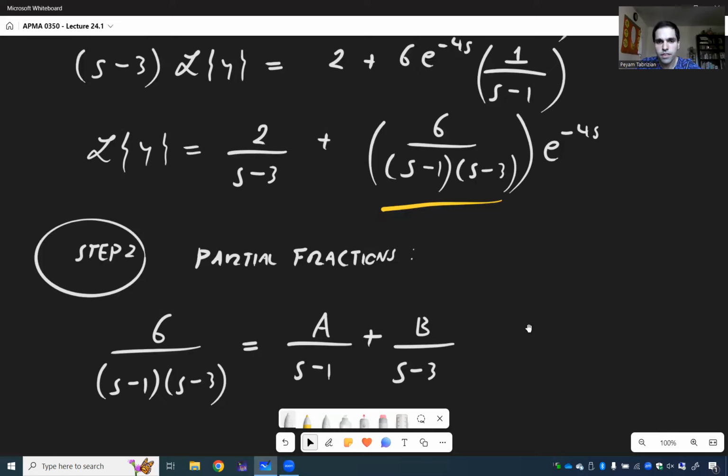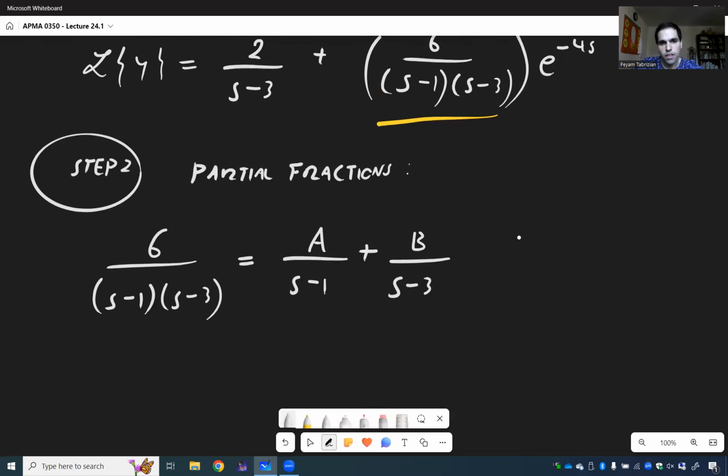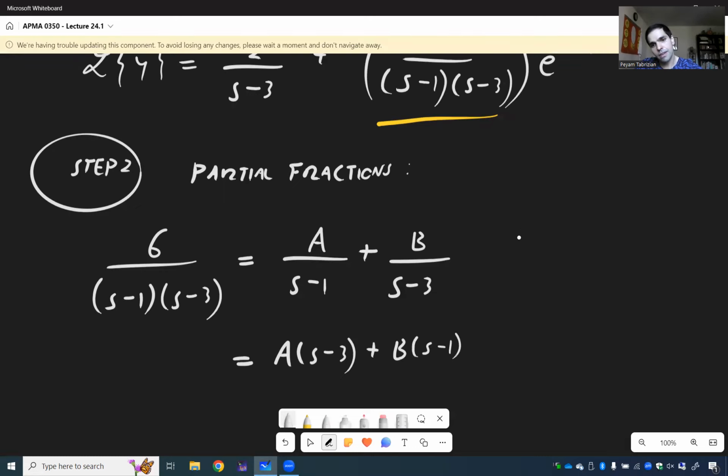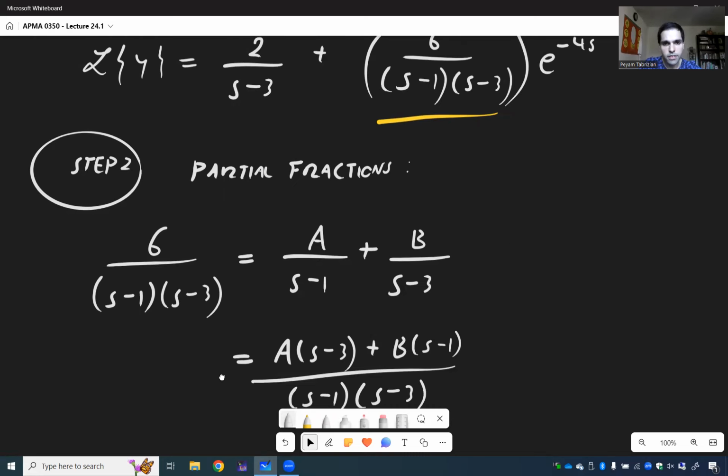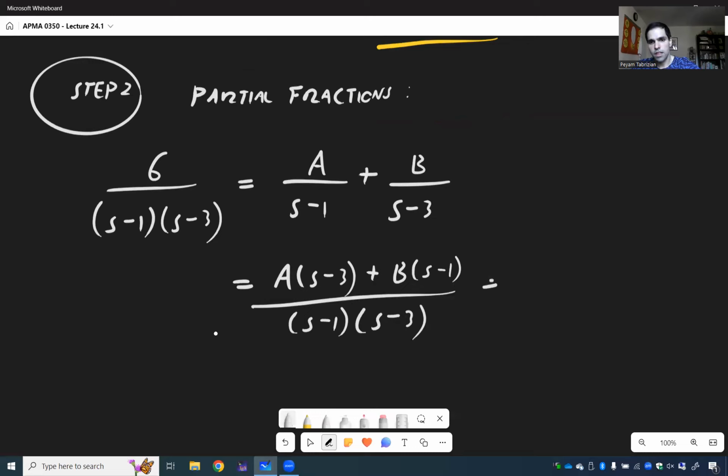So this is A times s minus 3 plus B times s minus 1 over s minus 1 times s minus 3, and that is just As minus 3A plus Bs minus B over the same thing.